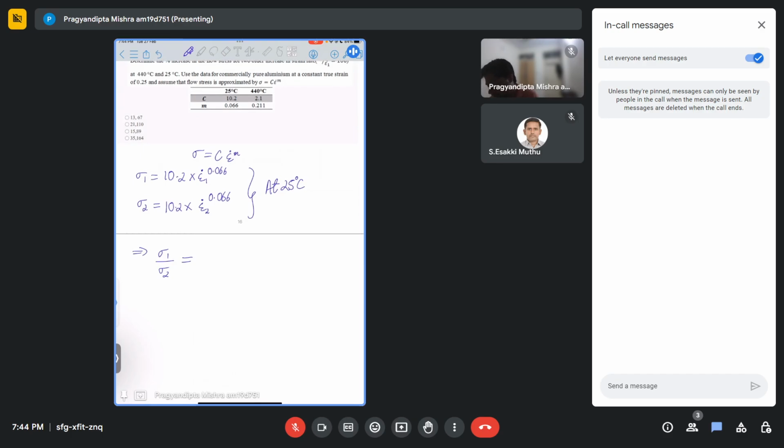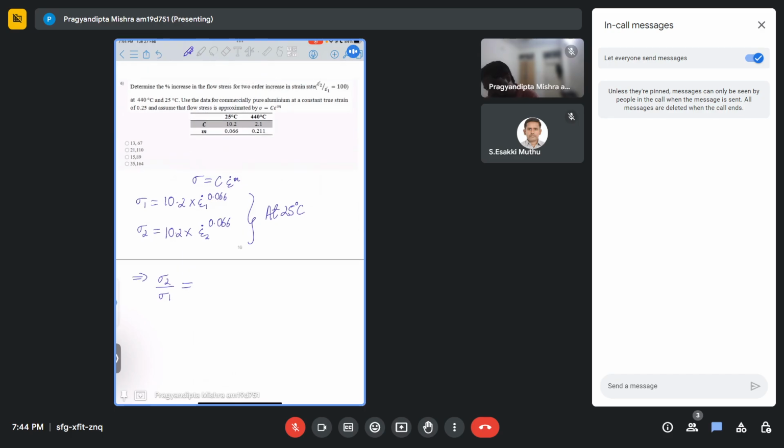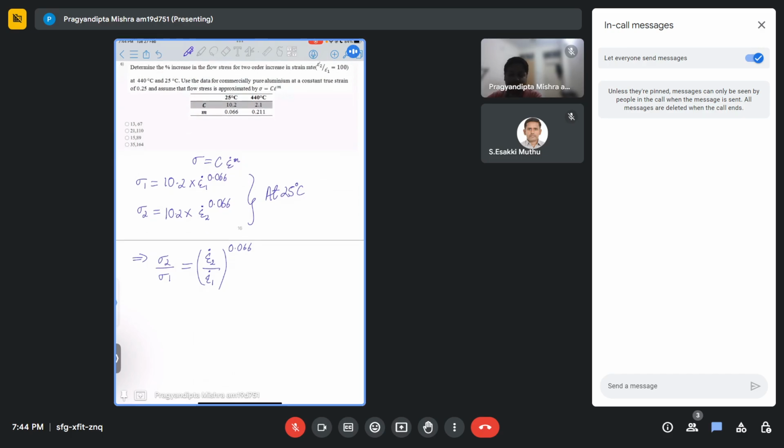Yes, at 25 degrees Celsius, the two values of flow stresses. If we divide them, let's do sigma 2 by sigma 1, because it's epsilon 2 dot by epsilon 1 dot, right? So we'll get epsilon 2 dot divided by epsilon 1 dot whole to the power 0.066. They have already given the relation that is equal to 100.